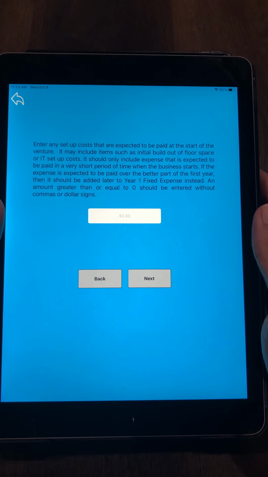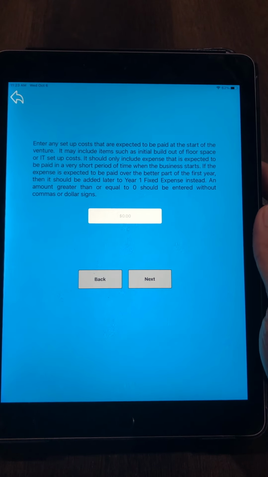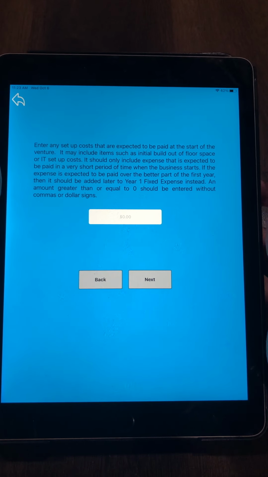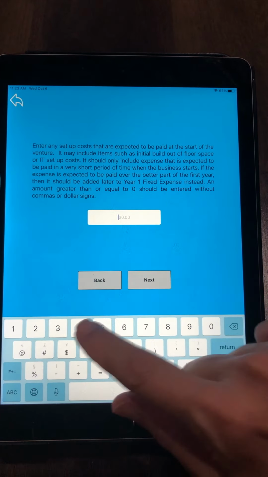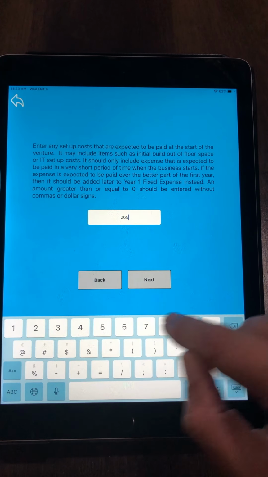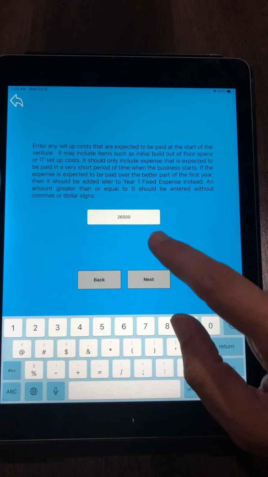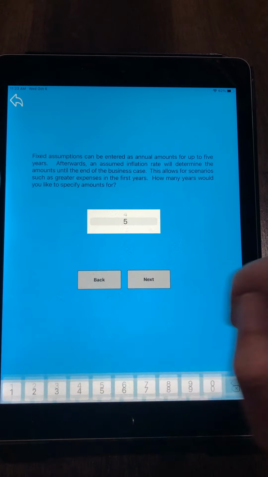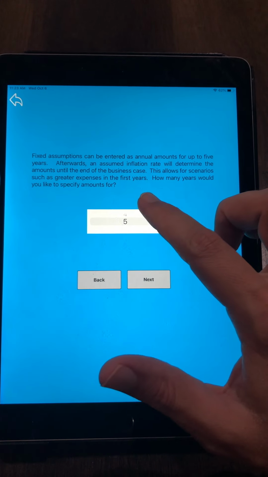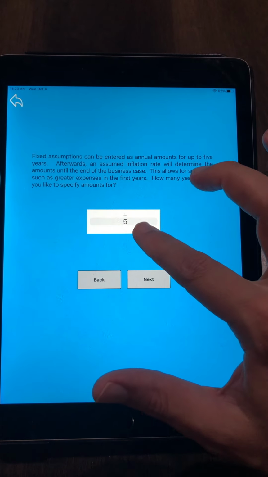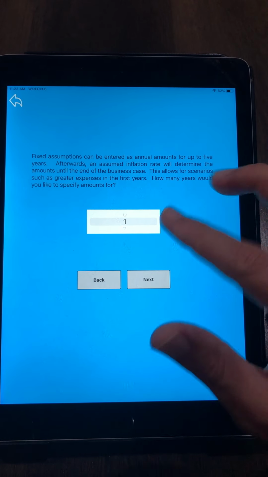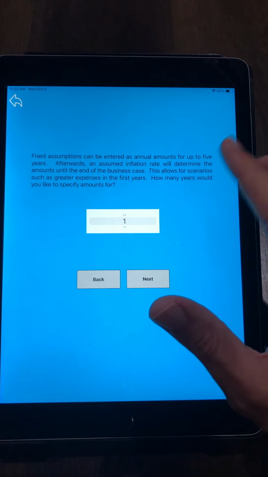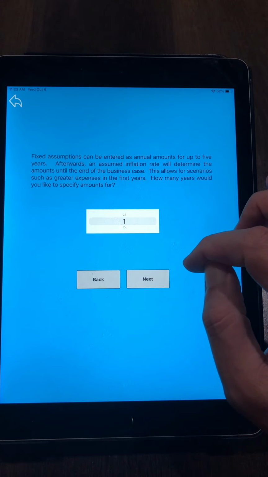Okay, so enter any setup costs that are expected to be paid. So these are my startup expenses here. I'm going to enter the $26,500 that I previously mentioned in my homework sheet. Now, I had a year 1 expense, and then I'm just going to increase that with inflation when I talk about my fixed expenses.